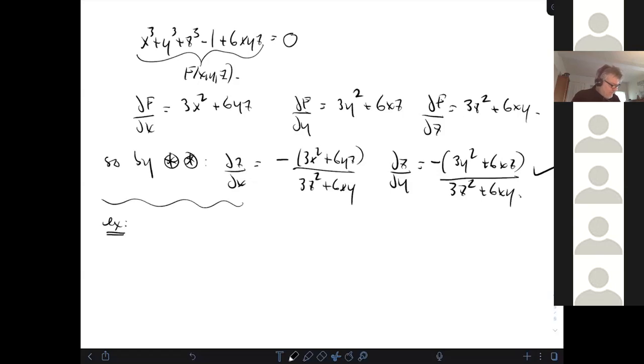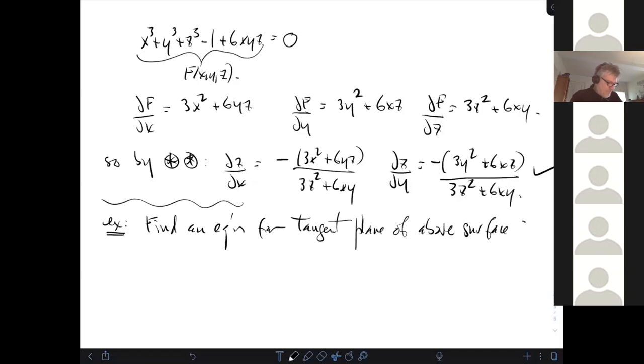Now, let's make it even more concrete, if you will. Basically the same surface, and I'm asked to find an equation for the tangent plane to this complicated looking surface at the point (0, -1, cube root of 2). So here's how this goes.